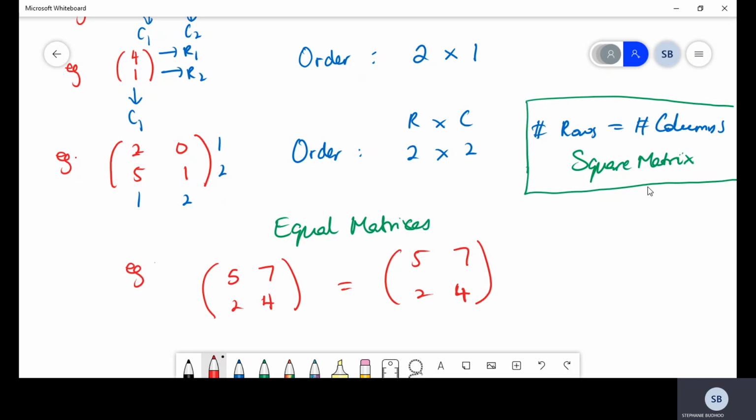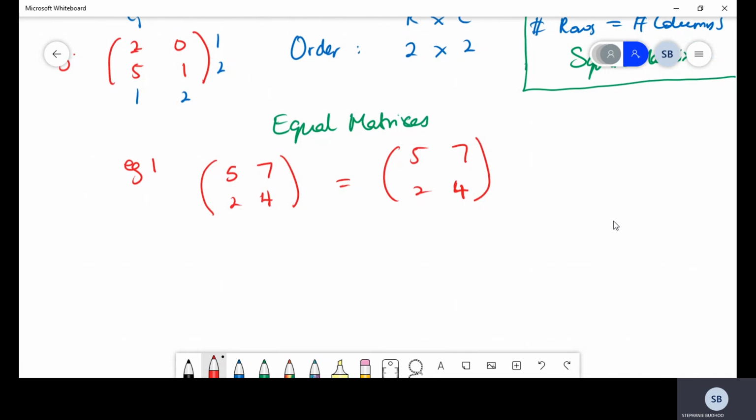Let me give another example to clarify that. All right, so for example, if I had, let's just say 0, 1 equals 0, 1, we have two matrices here as well. They're not square matrices. For example, this one has how many rows? This one has 2 rows by 1 column.